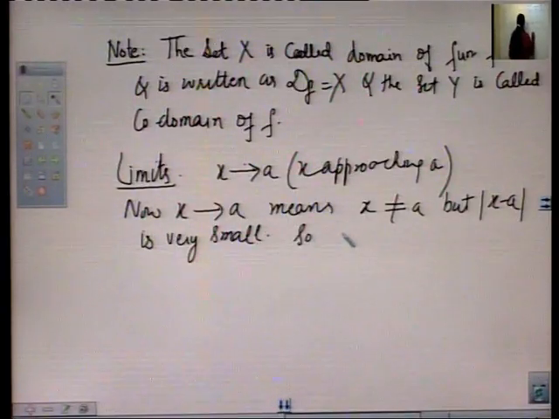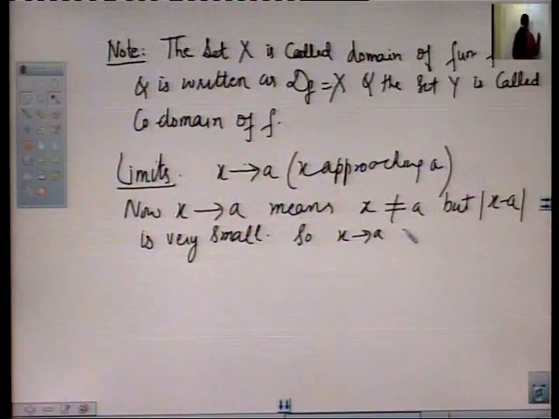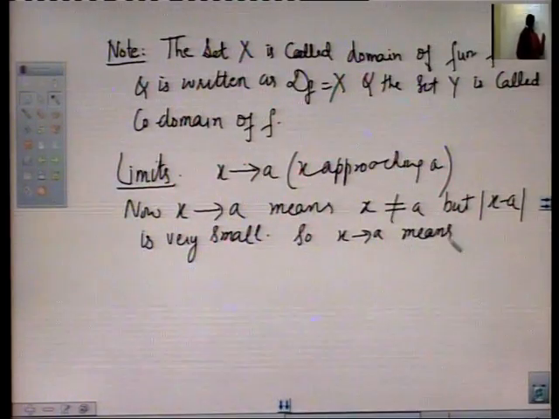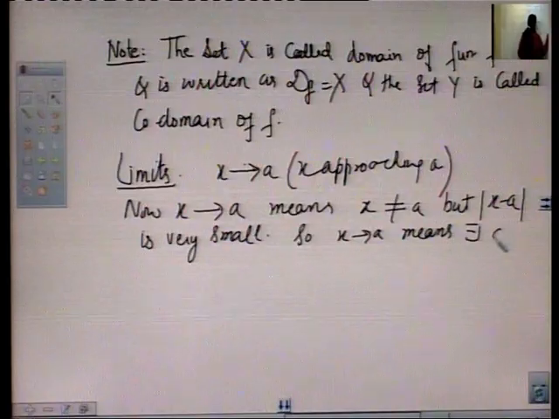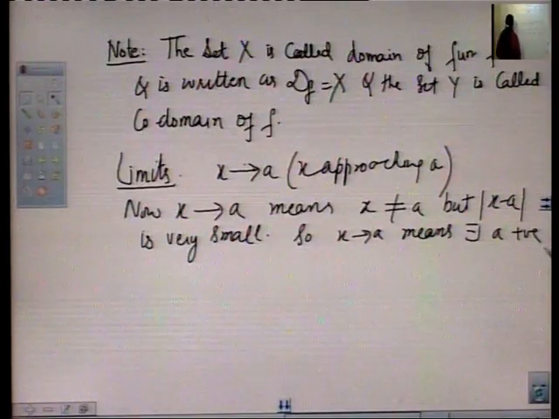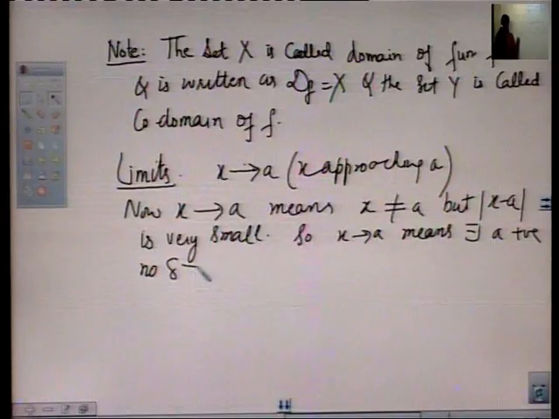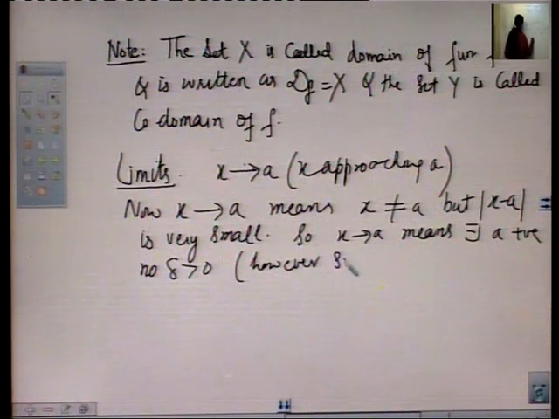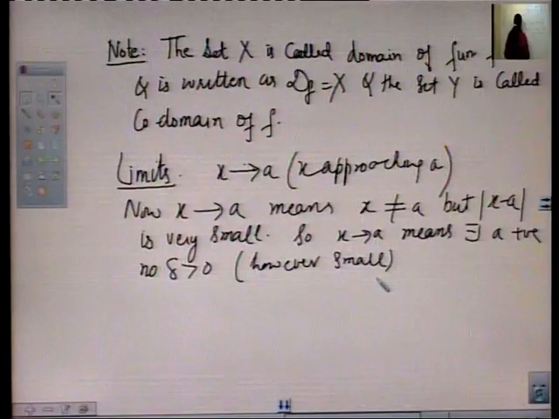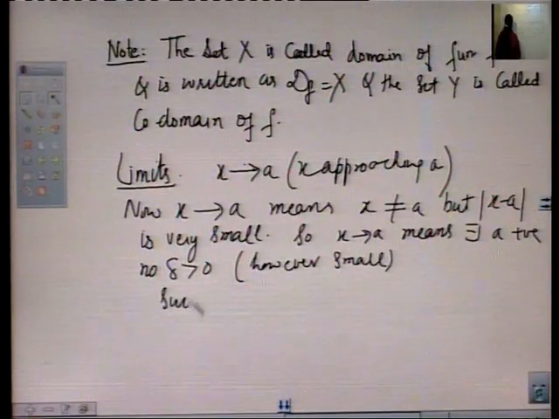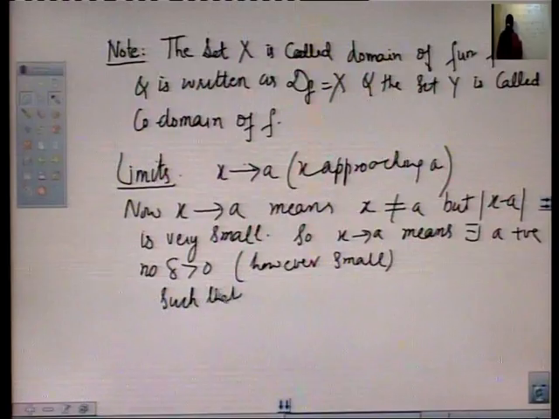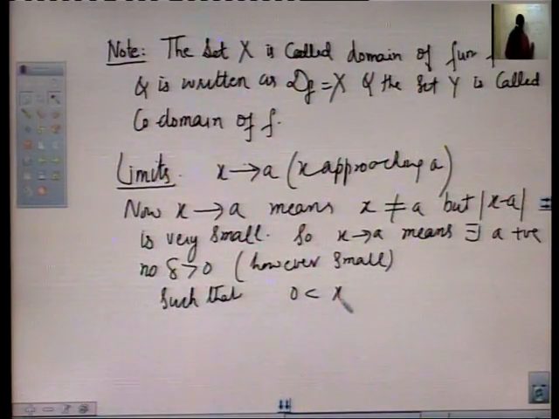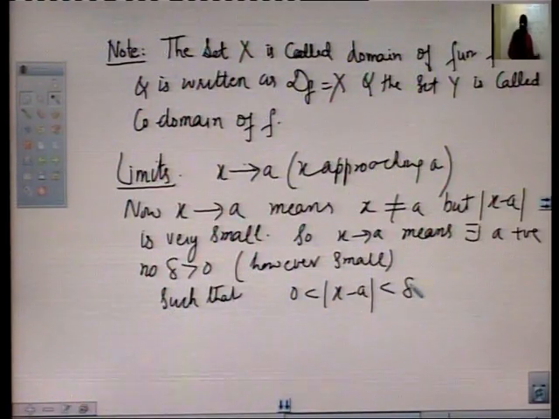So, x approaching to a means there exists a positive number delta which is greater than 0, however small, such that 0 is less than mod of x minus a is less than delta.